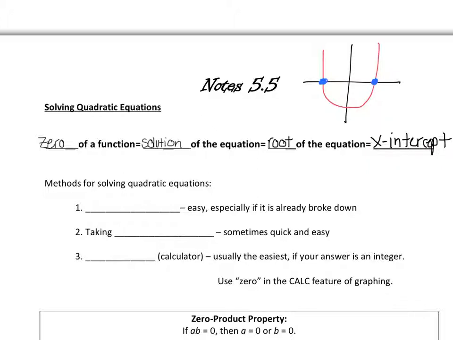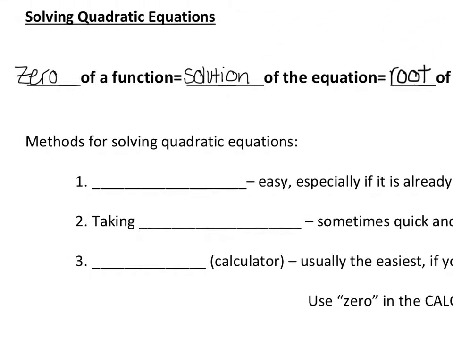We have 3 different ways that we're going to use today to do this. The first one you should be very good at now. It is factoring. This is pretty easy, especially if it's already broken down. If it's already factored for you, then it's pretty easy.